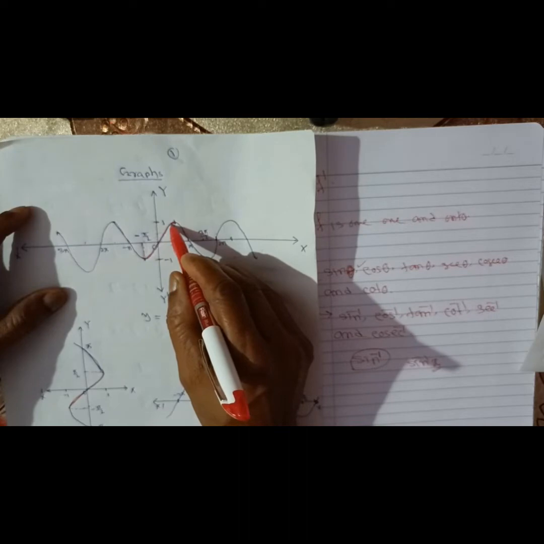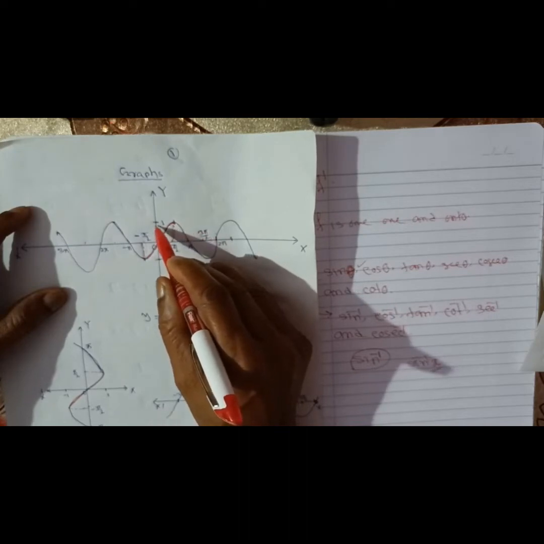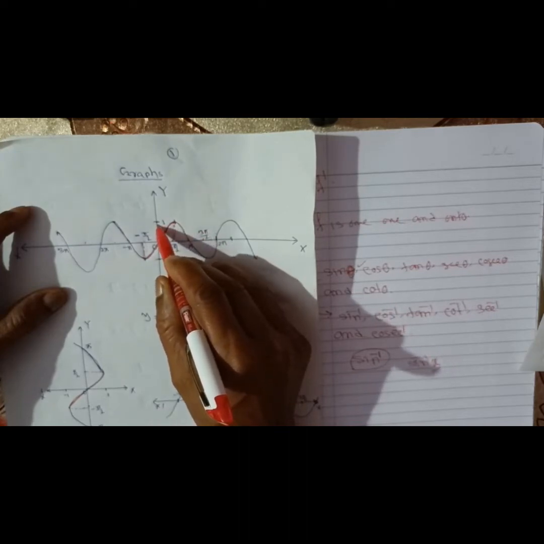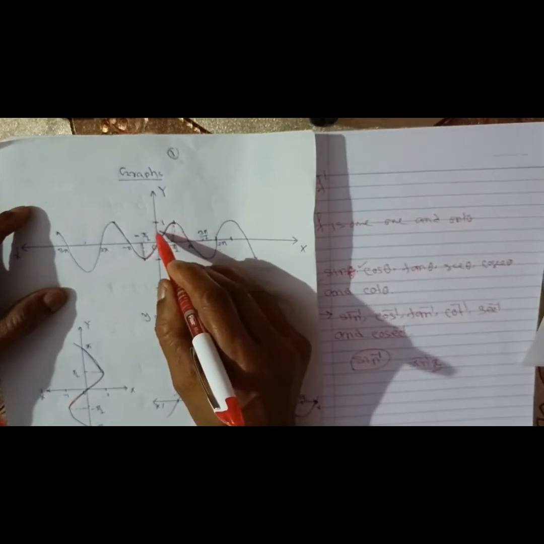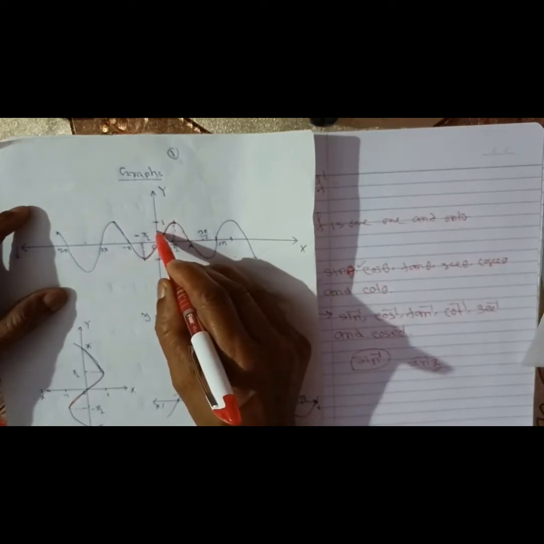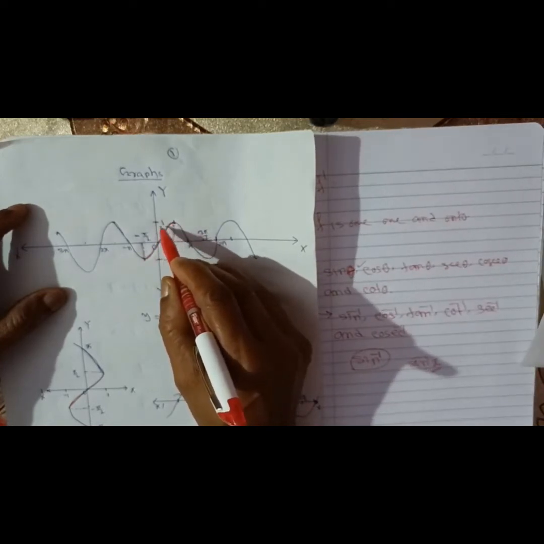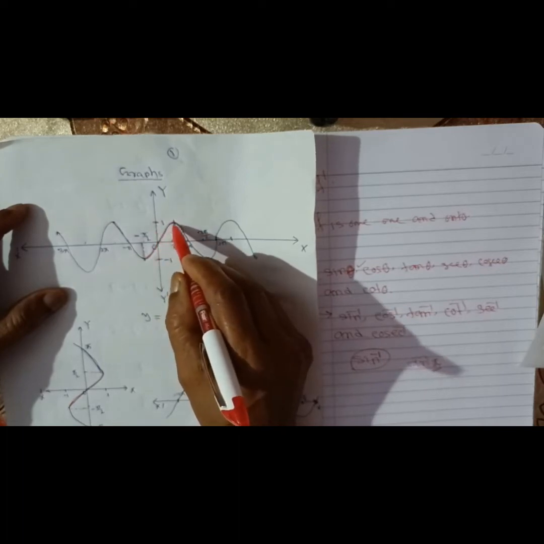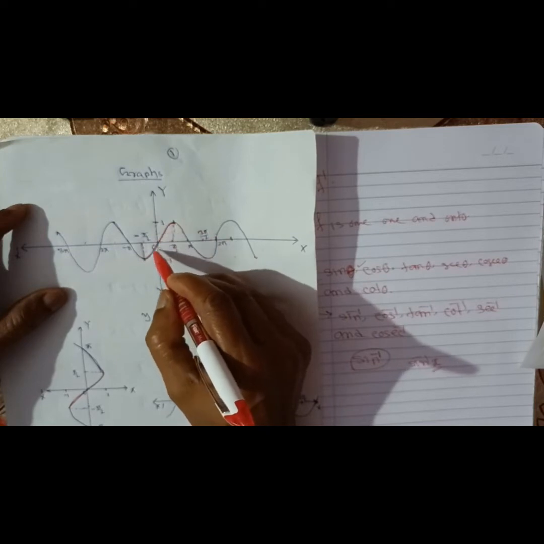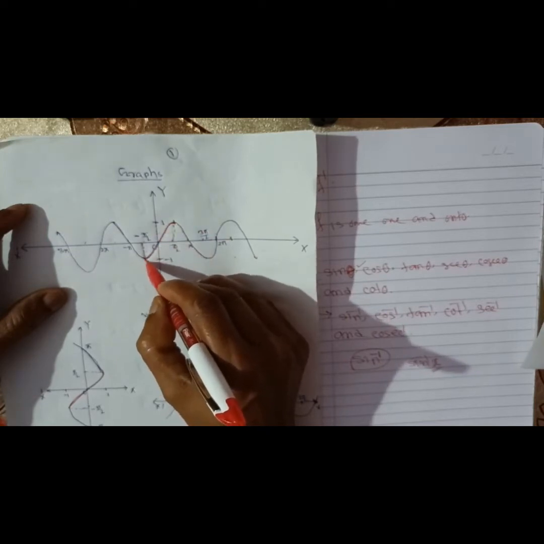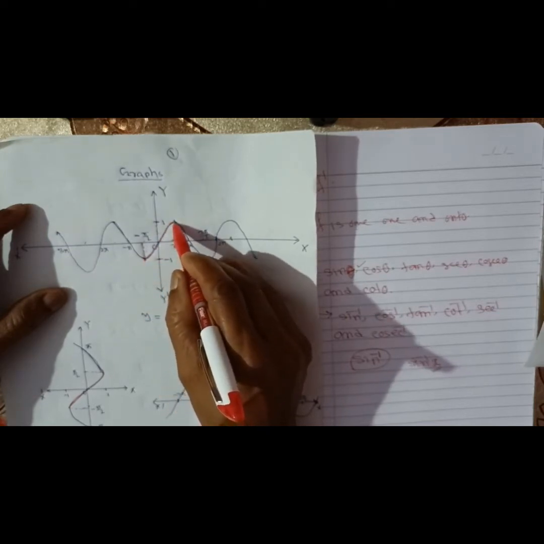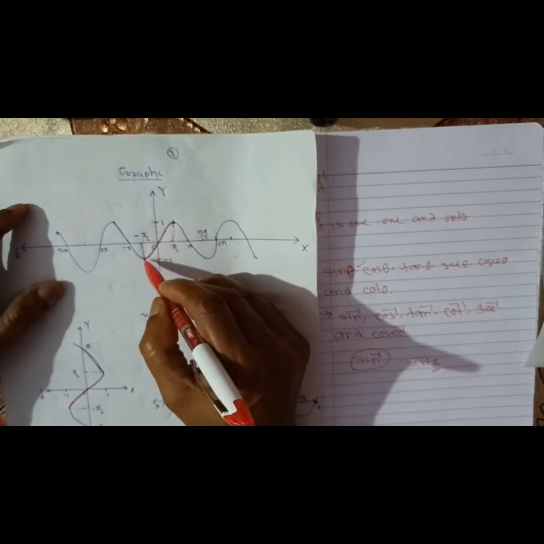That means for every x there corresponds a value of y. For one point we get one image. In this portion the function is one-one.